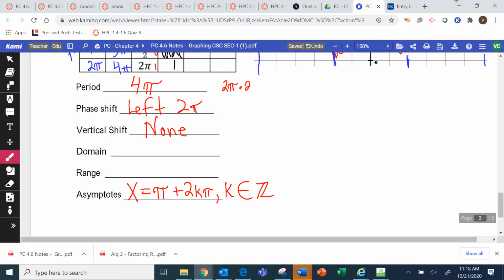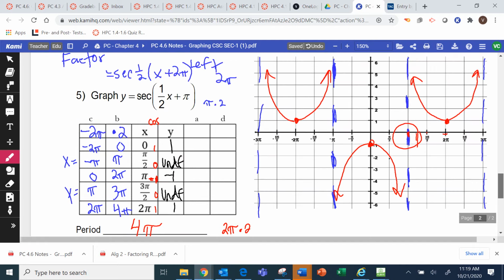Okay, now I'm going to back up to the domain. What values are being graphed? All of them, but not the asymptote.